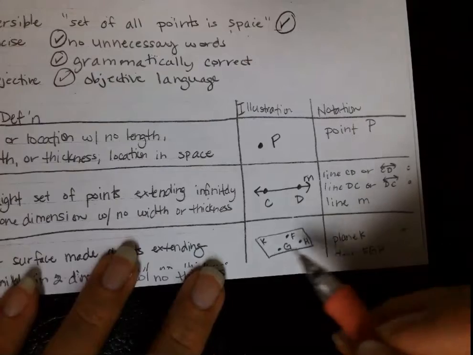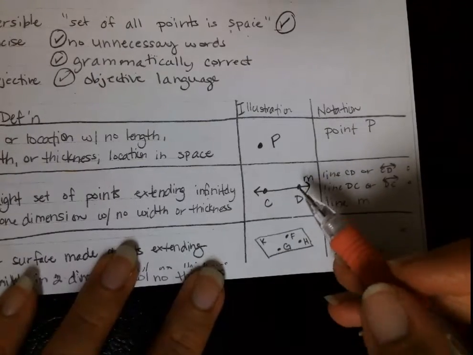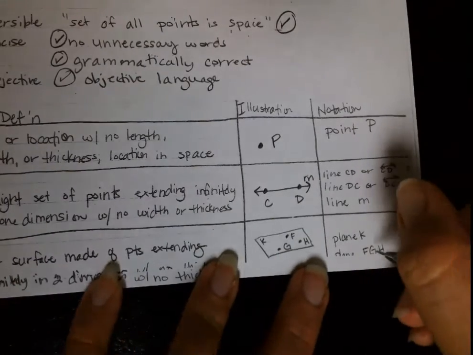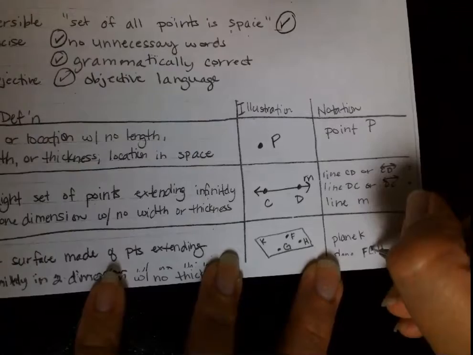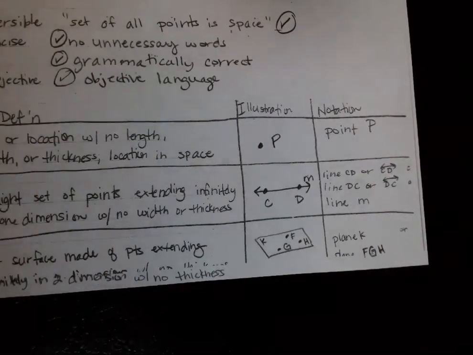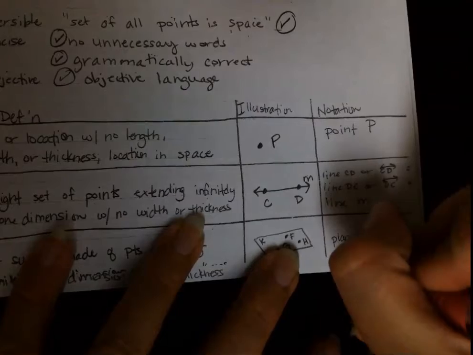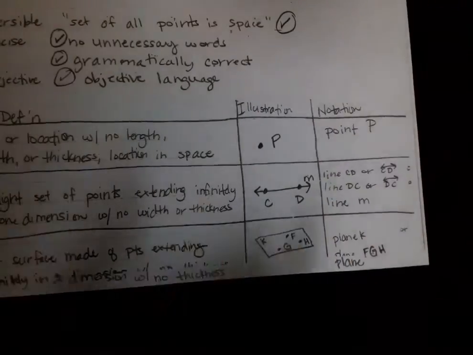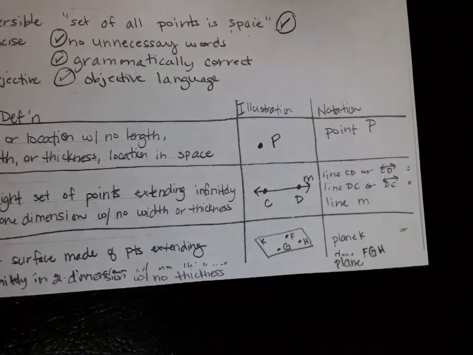So we can call it plane K, just like we had line M, or we can call it plane FGH. Either of those. Plane FGH always has to have at least 3 letters to name it as a plane, and 2 letters to name a line. All right, flip over to the back.